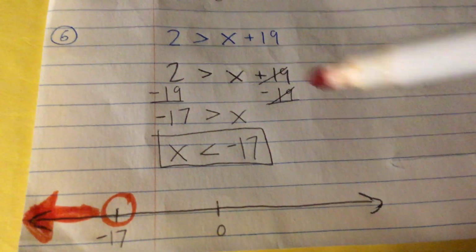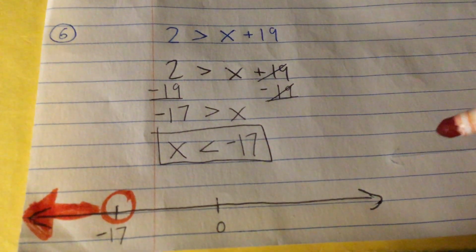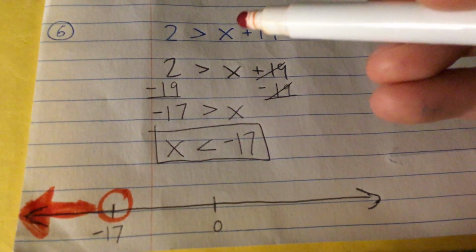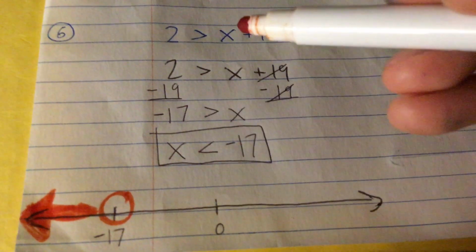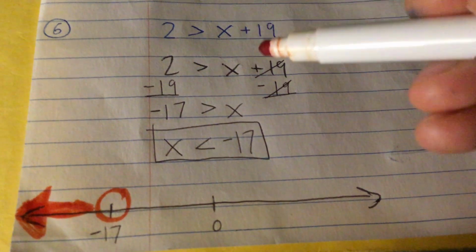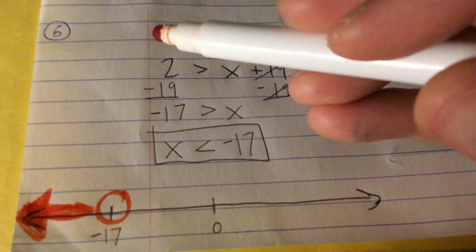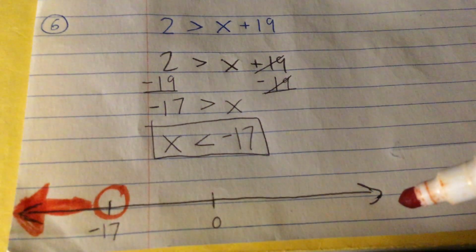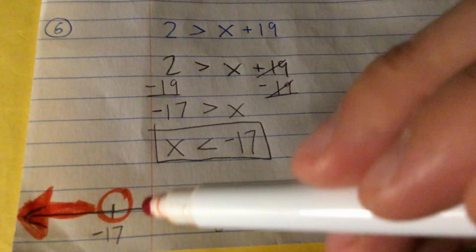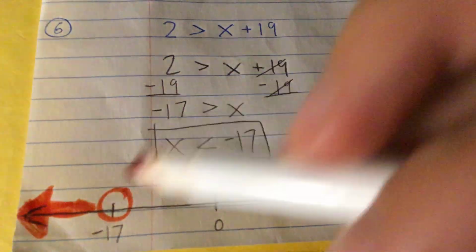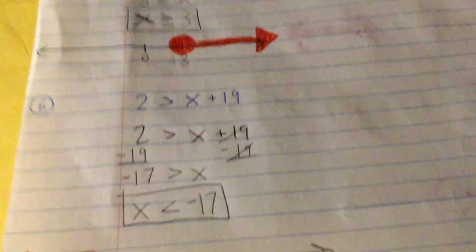That would not be true because it would need to be greater than or equal to. Let's go barely to the right. -16. If x is -16, that'd be -16 plus 19, which would be 3. 2 is greater than 3. X equals -16 would be a false statement, so therefore it's not part of the solution set.